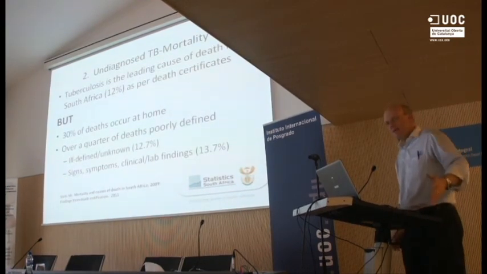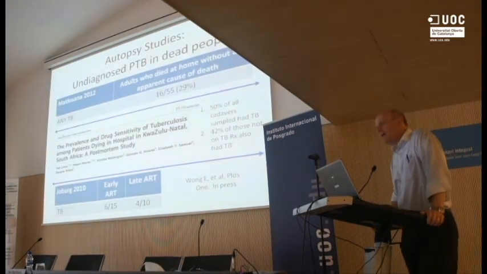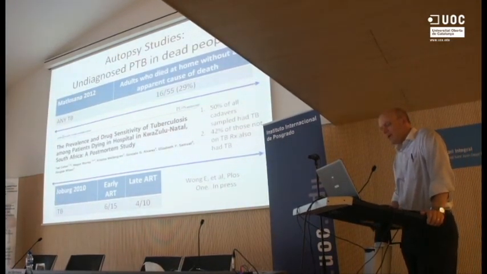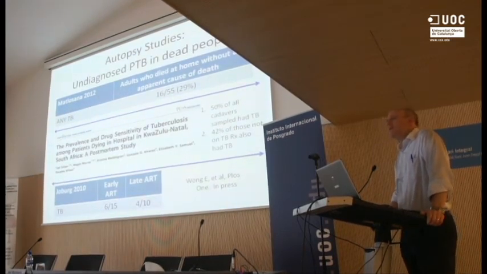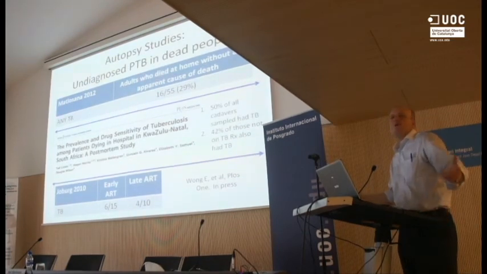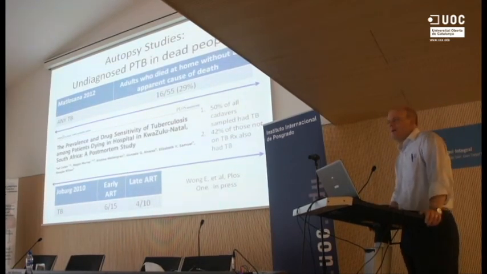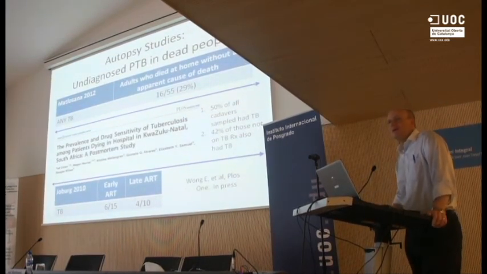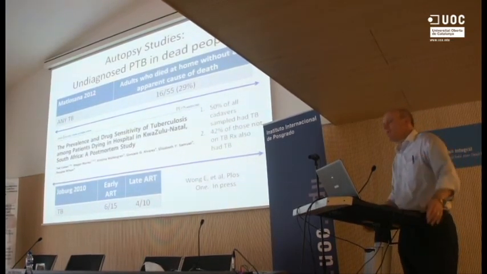according to ICD-10. So we did a study in a mining area where we went to mortuaries and we found those people who died of an apparent unknown cause. So people who weren't stabbed, who weren't run over by a bus, who hadn't been admitted to hospital recently, who didn't have a diagnosed lung cancer or some other apparent cause of death.